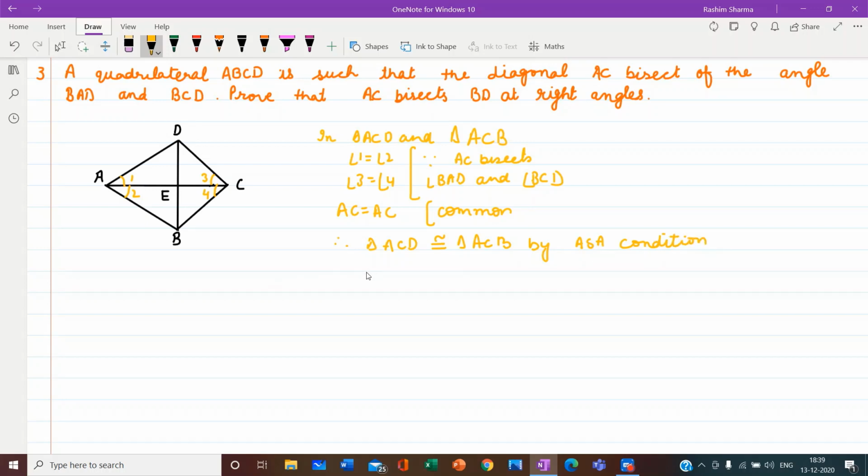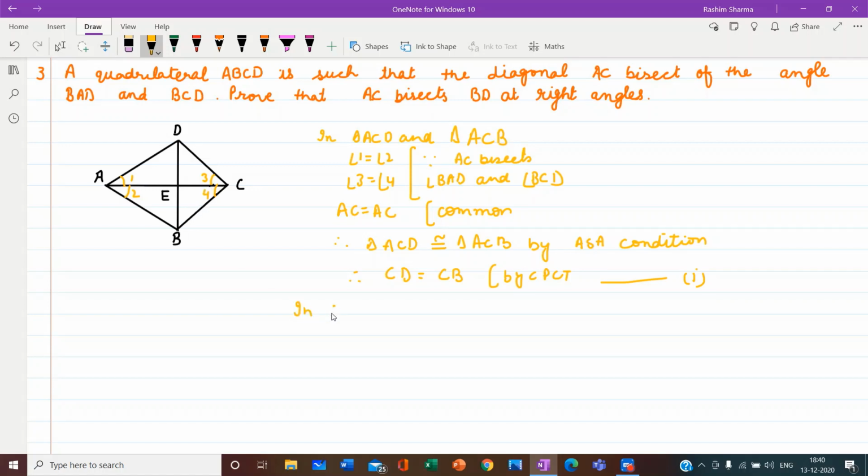Okay, therefore we can say that side CD is equal to CB by CPCT. We can write it as equation 1. Alright, now let us take this small triangle ECD and ECB.